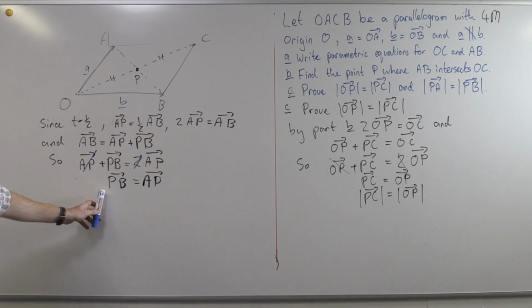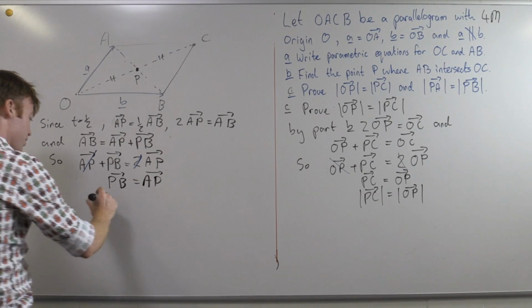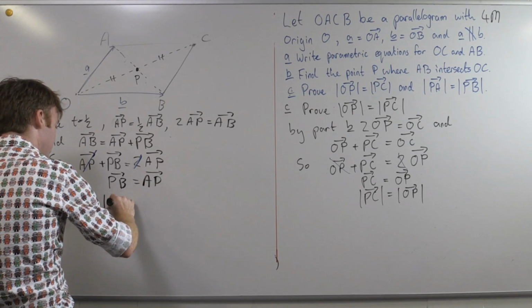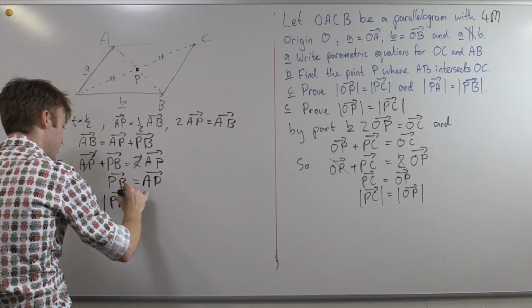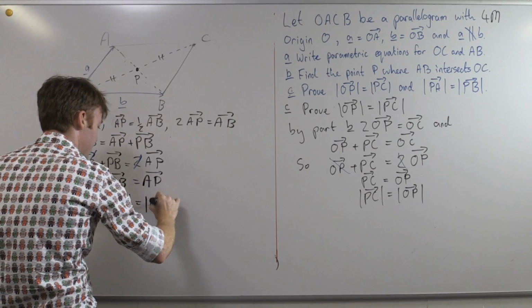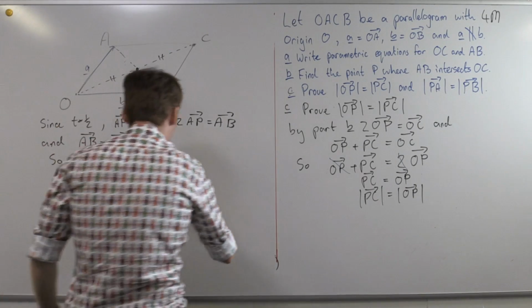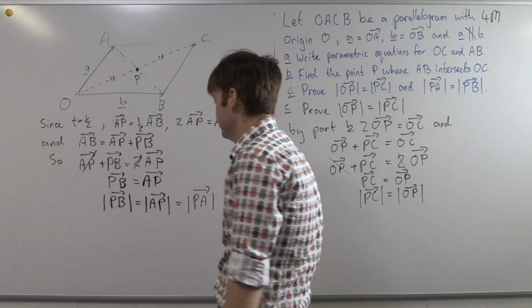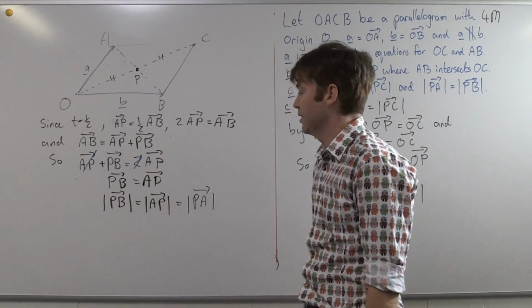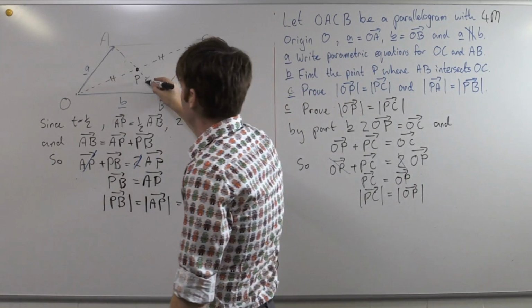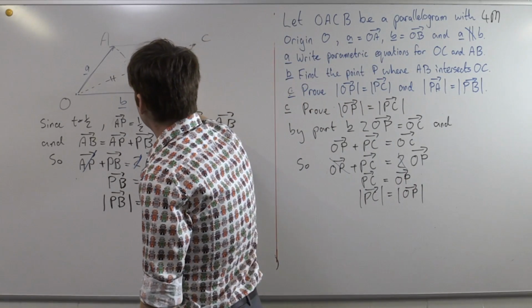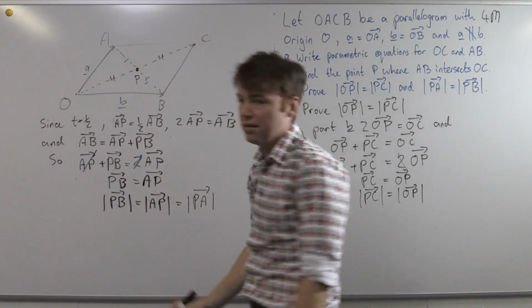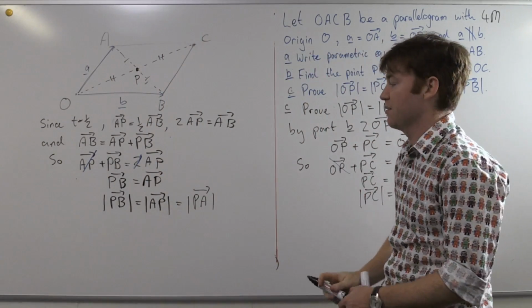So now I'll just take the length of these things. The length of PB is equal to the length of AP, but that's also equal to the length of PA. In fact, that's just the reverse of that vector. So we found that that has the same length as that, which is the kind of stuff you might expect of a parallelogram.